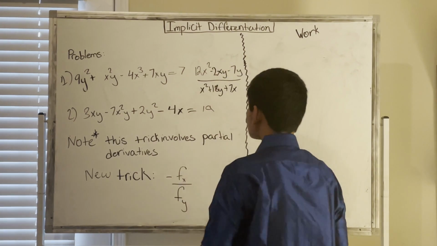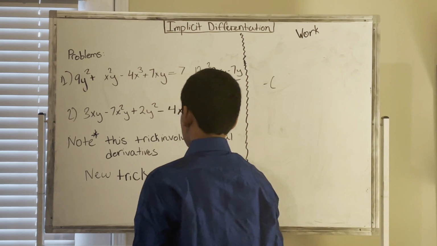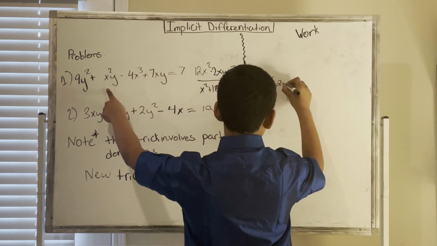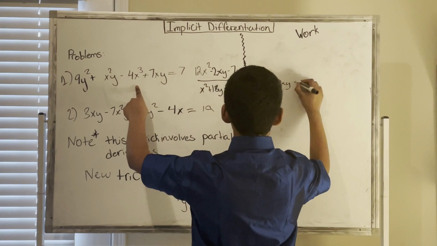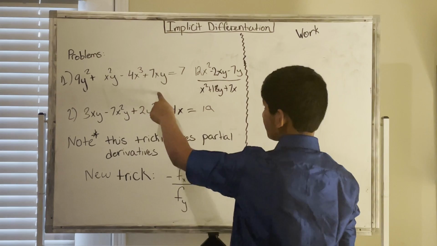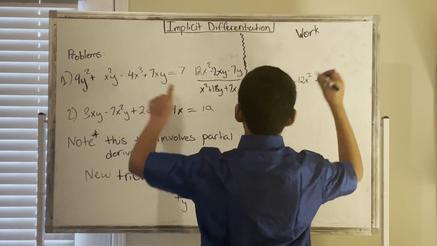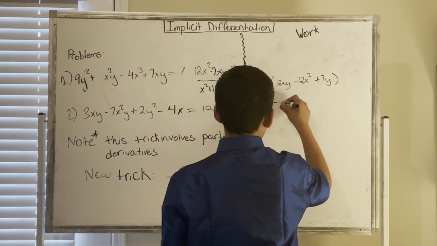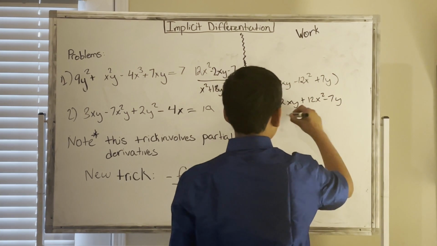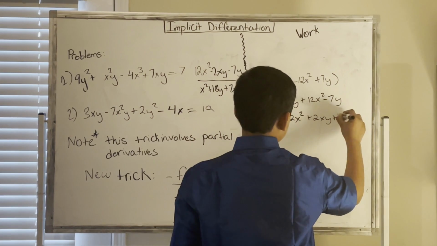So if we take the partial derivative with respect to x and multiply it by minus 1, the partial derivative with respect to x is, this becomes 0, this becomes 2xy, this becomes minus 12x squared, and this becomes plus 7y. Well, if we multiply by a negative sign, this will become a negative 2xy plus 12x squared minus 7y, which we can rearrange to get 12x squared plus 2xy plus 7y.